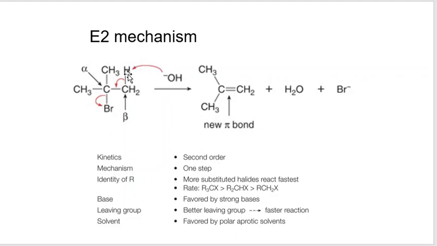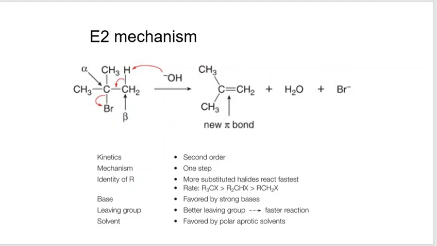The electrons in the carbon-hydrogen bond then stay behind and form the double bond, and that forces out the electrons that are in the bond from carbon to bromine. And bromine takes those away. It leaves as bromide, and we're left with our new pi bond. So that's one mechanism by which elimination can occur.